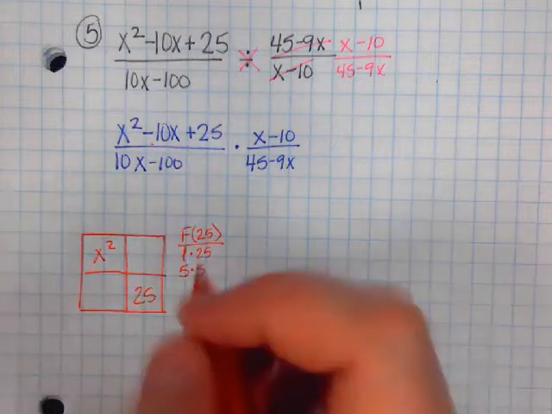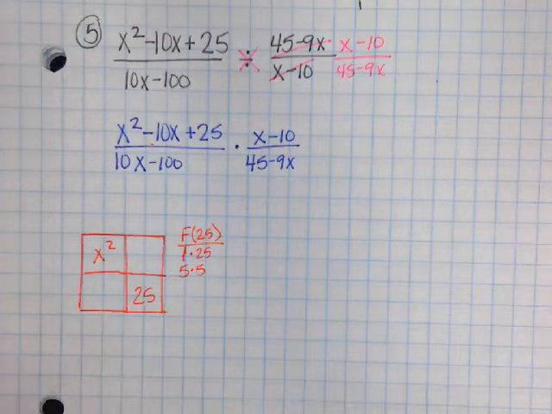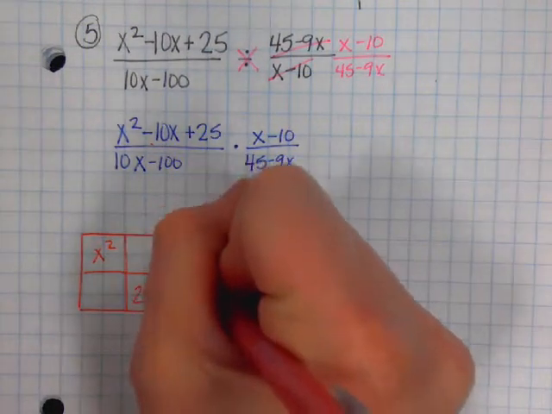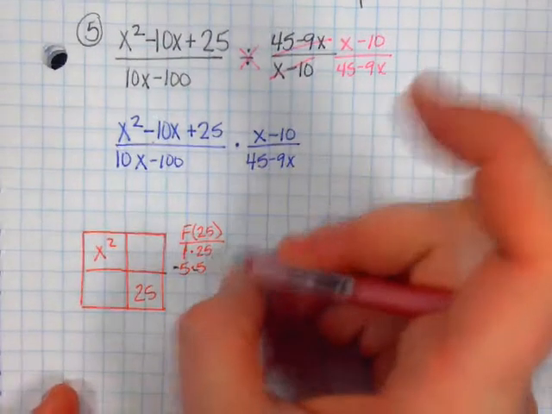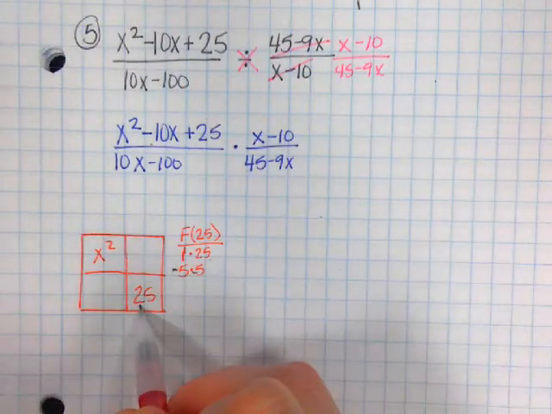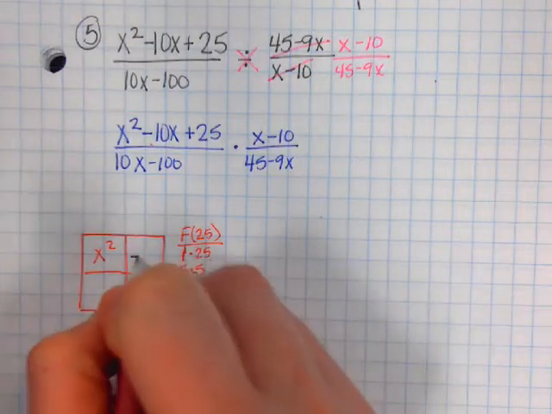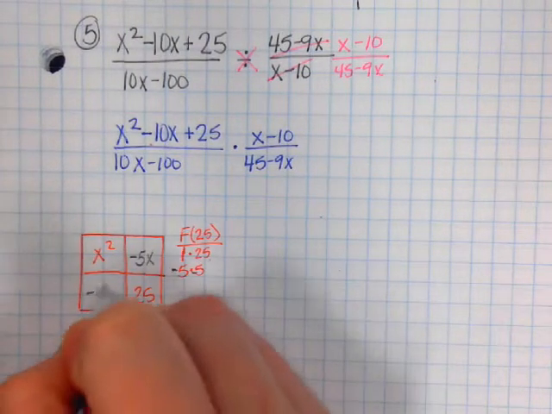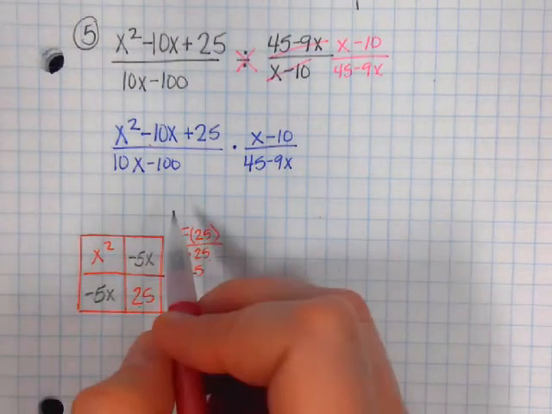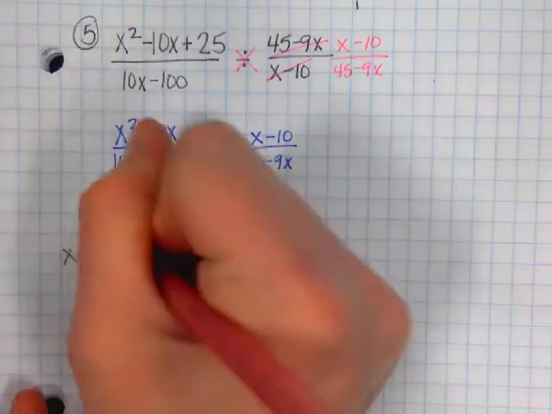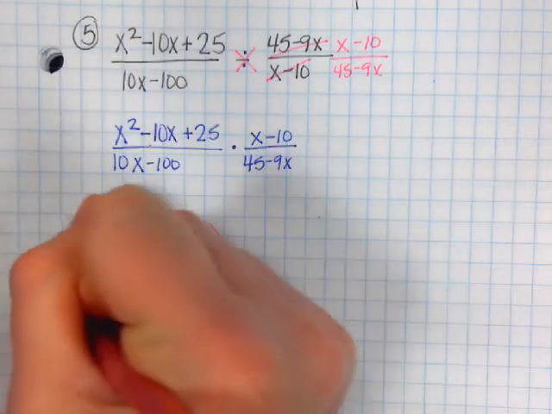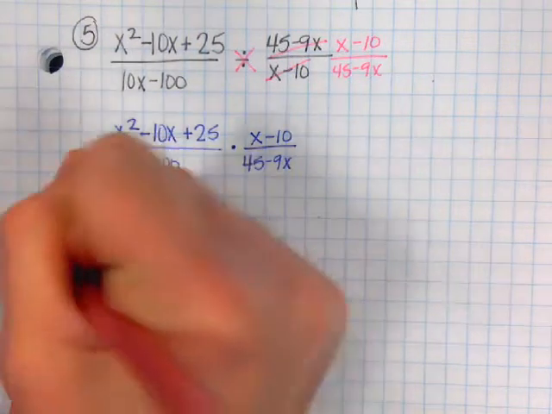Okay, then you want to look to see which one combines to get a negative 10. Well, 5 plus 5 is close. The only difference is that they both need to be negative, because a negative 5 times a negative 5, so negative times a negative, would give you positive, and negative 5x minus 5x would give you negative 10.